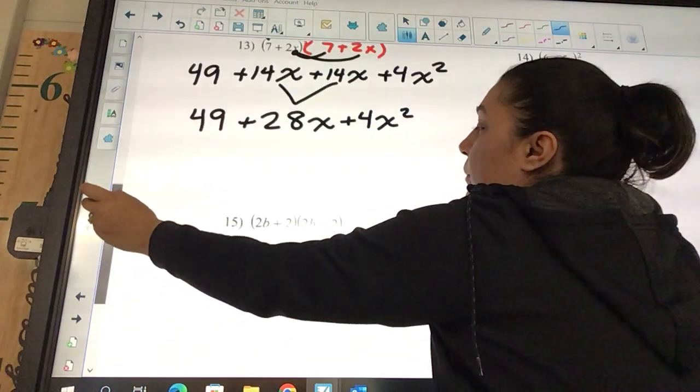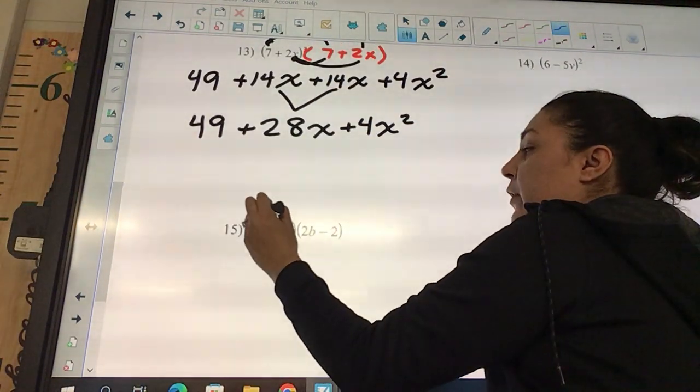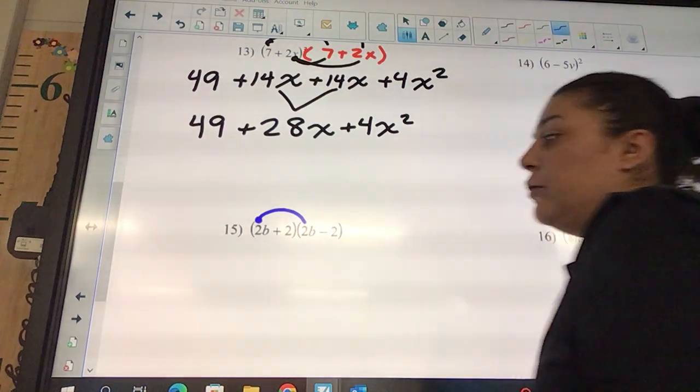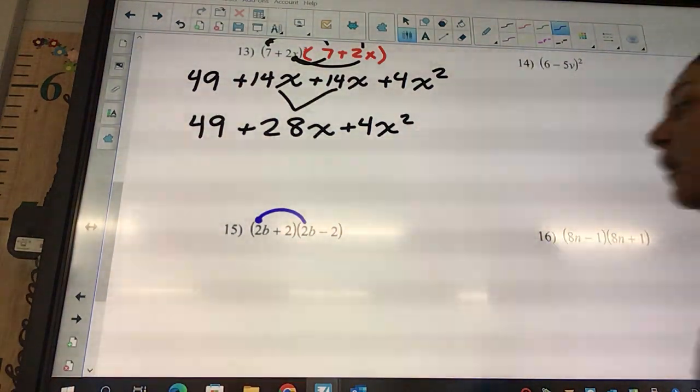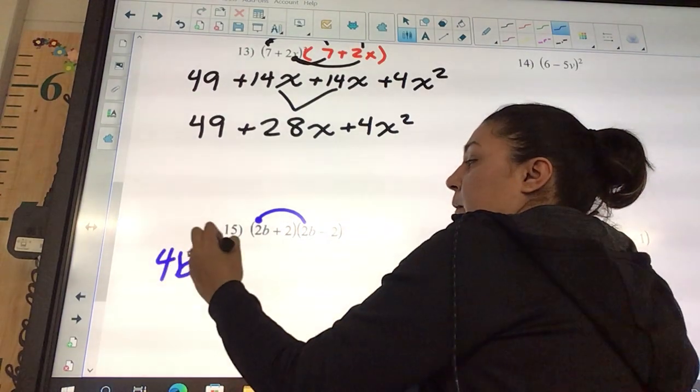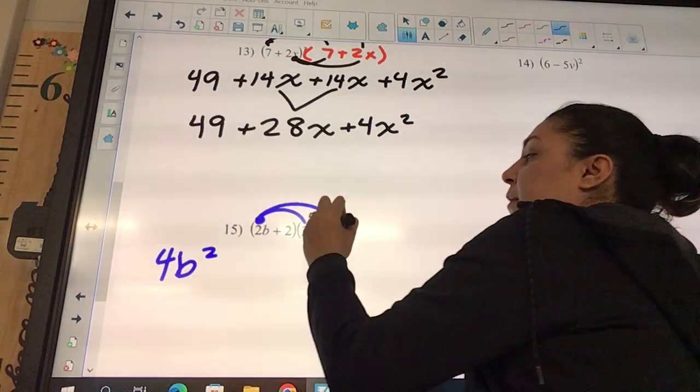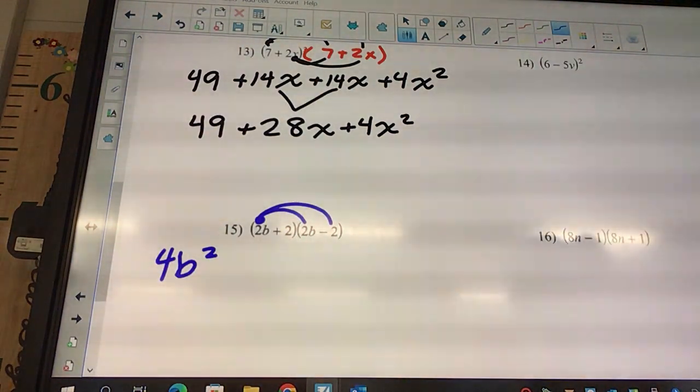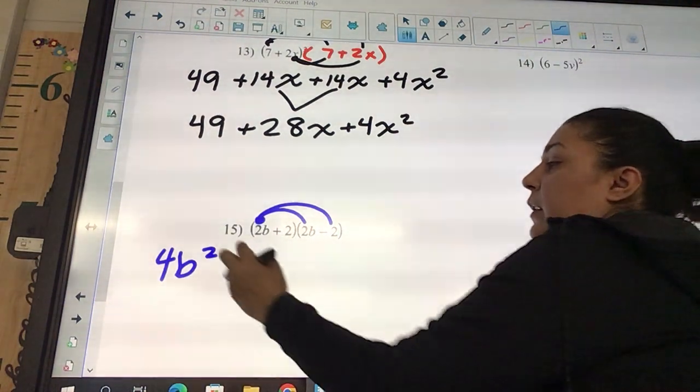Okay, last one. We're going to multiply the first 2. So 2 times 2, it's going to be 4. How many b's? 2. 2 times negative 2, negative 4.